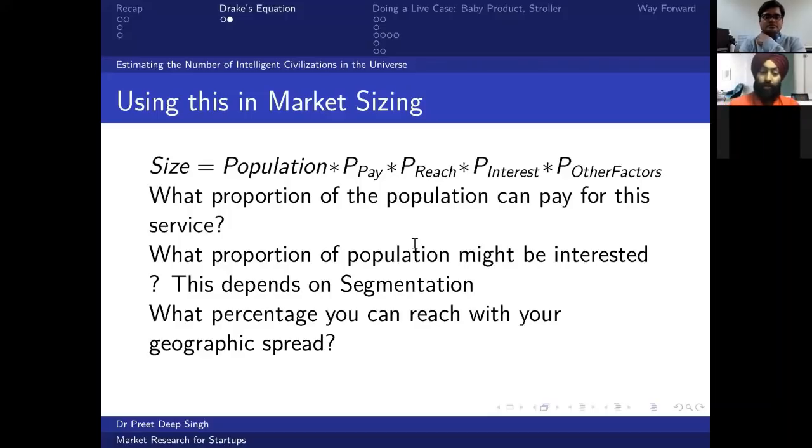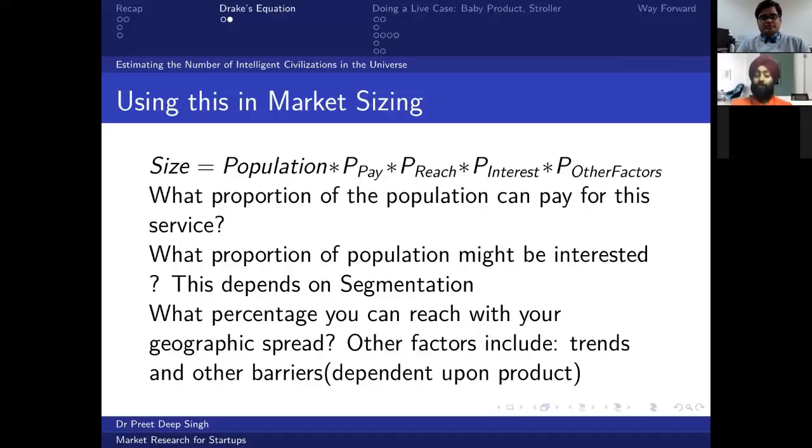proportion, right? And again, what percentage can you reach with your geographic spread? Other factors include trends, other barriers also. It is possible that the product you're using is something that is approved by law. I don't know how many of you've noticed, but whenever you sit in an Uber or Ola in Delhi, you see a small wired meter at the front of the cab, right?